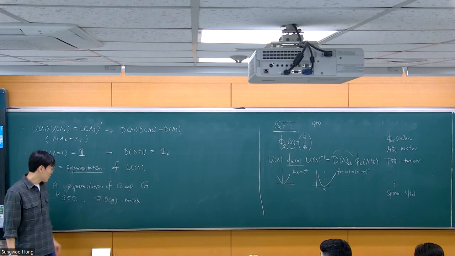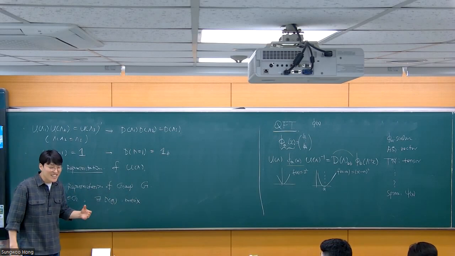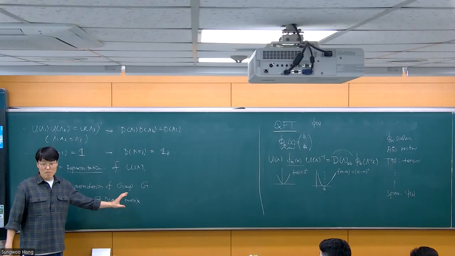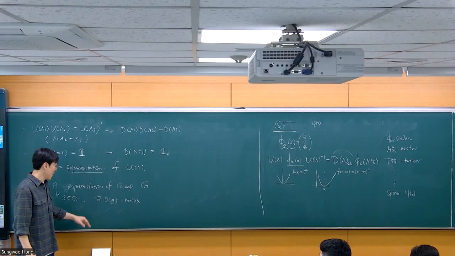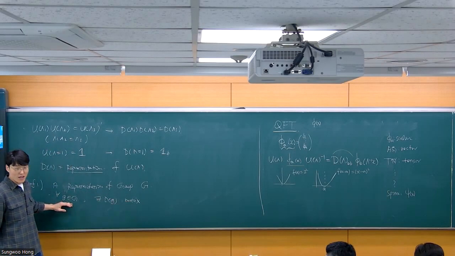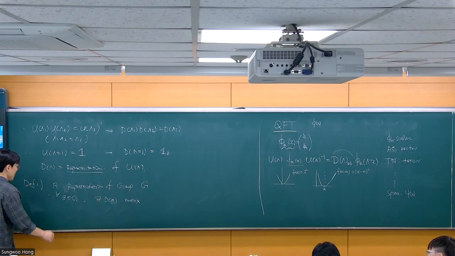If you're a math person, you are looking for a group homomorphism. What are you talking about? No, I'm a physicist. I'm happy to speak that language too, but let me pretend I'm a physicist. So I'm talking about just a set of matrices for each g that acts on the vector space. So I'm thinking about matrix representation.